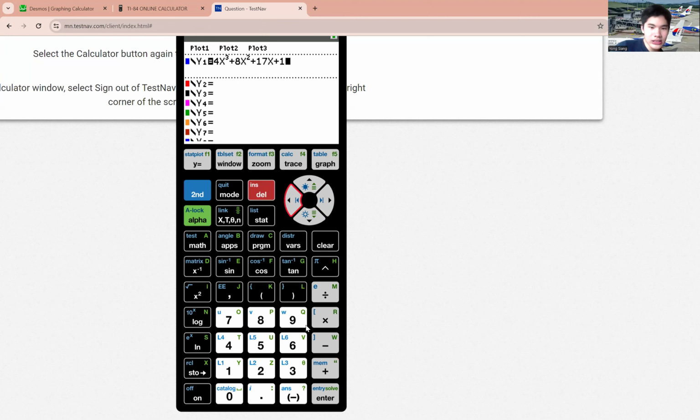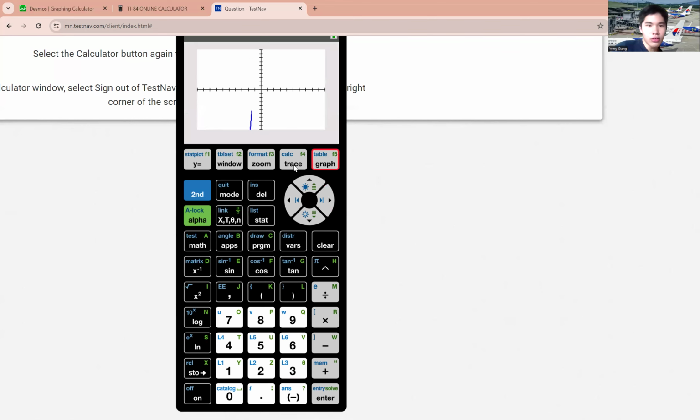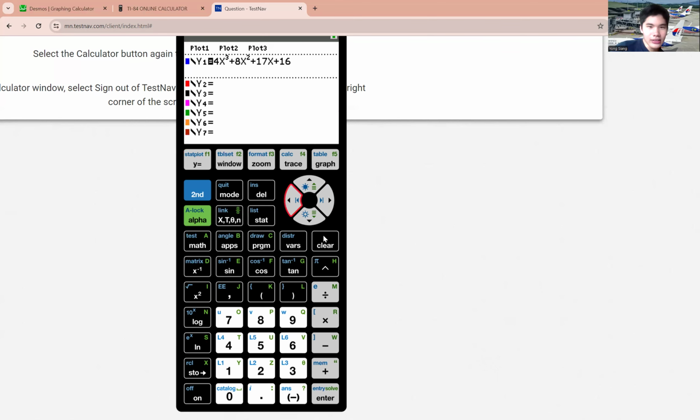Wait, let me check. Did I key in correctly? Oh, sorry. It should be 17x squared. Okay, so let me key in again. 4x cubed. Sorry for the wait, ladies and gentlemen. So 17x squared plus 8x plus 16.